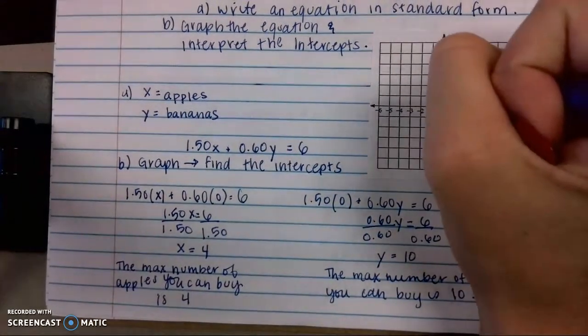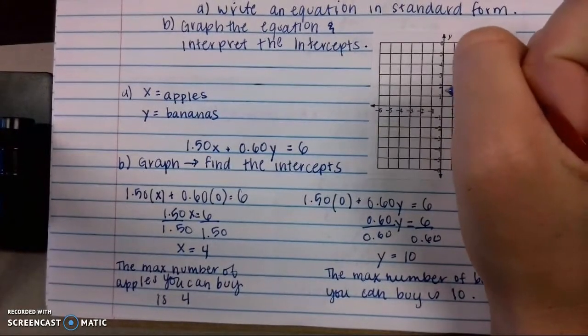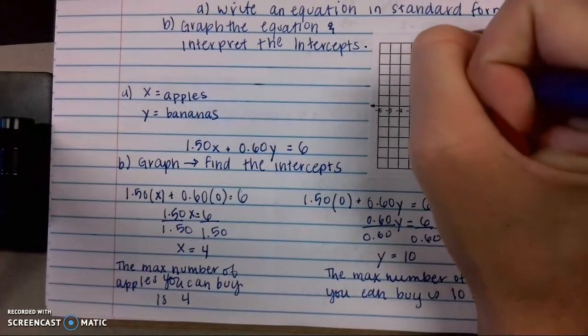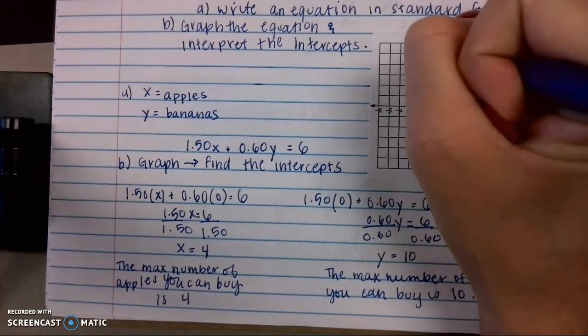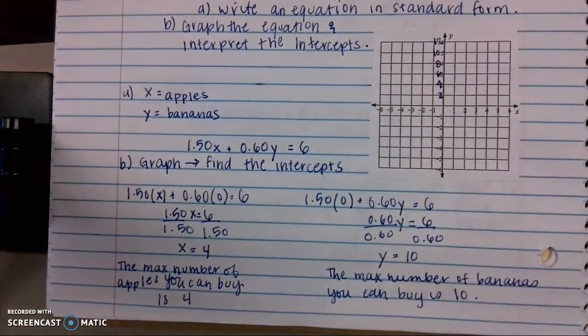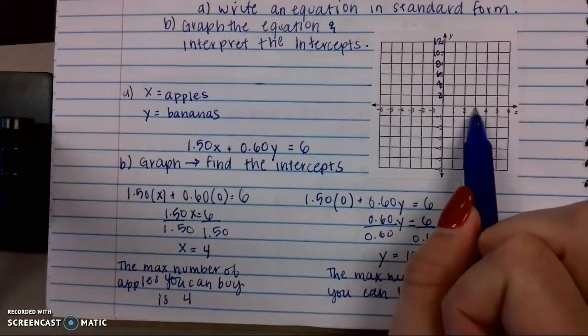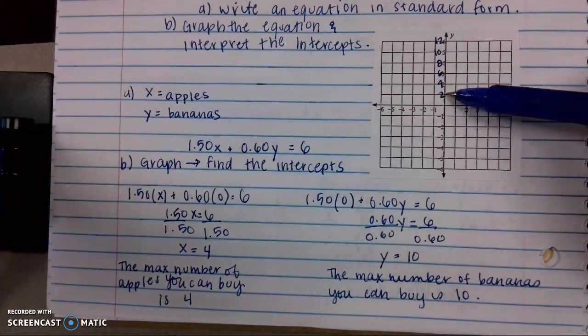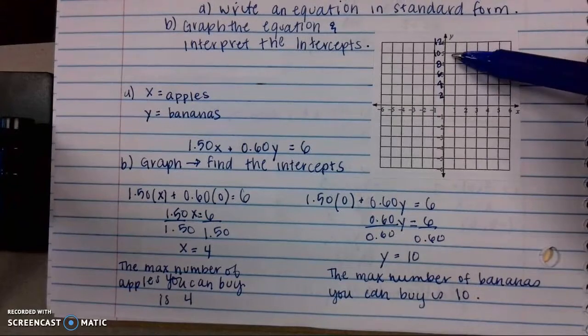So looking at my graph, I unfortunately need to change the scale. So I'm going to go up by 2's, and I'm going to keep my x values as 1's. So I change that going up by 2: 2, 4, 6, 8, 10.